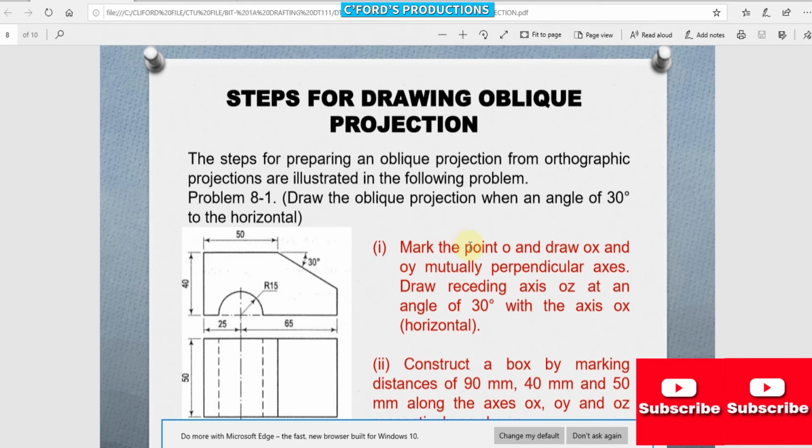First, in drawing an oblique projection, the first thing you will do is mark the point O and draw OX and OY mutually perpendicular axes. Then draw the receding axis OZ at an angle of 30 degrees with the horizontal axis OX.